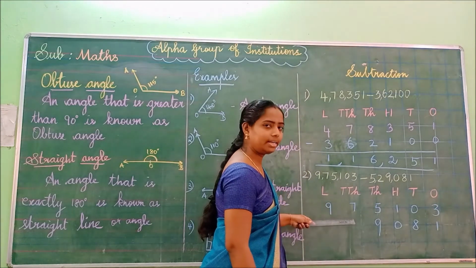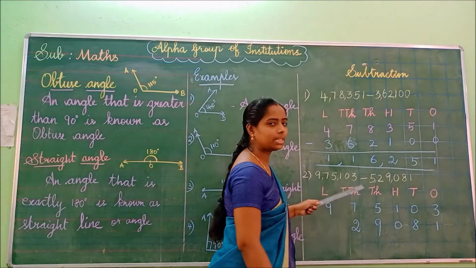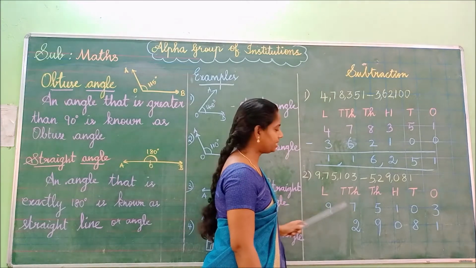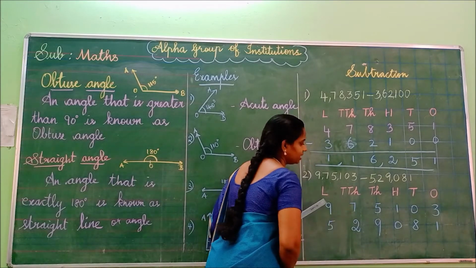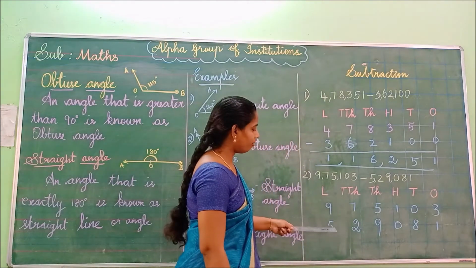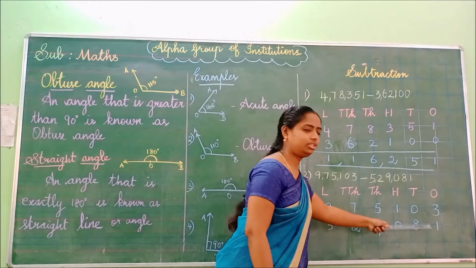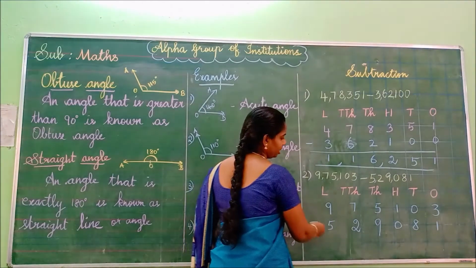Okay, 2 is placed in the 10,000s place. What is the last number? 5. Okay, 5 is placed in the lakhs place. Okay, children, finally we place these numbers also. What we got? 5,29,081. We are going to subtract these two numbers.